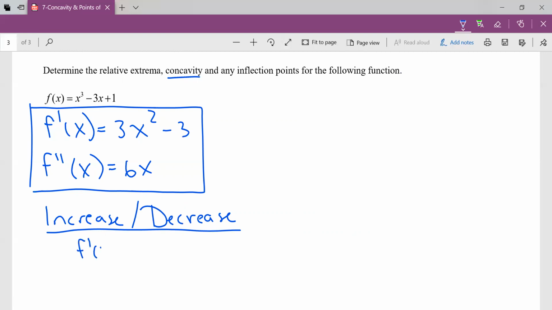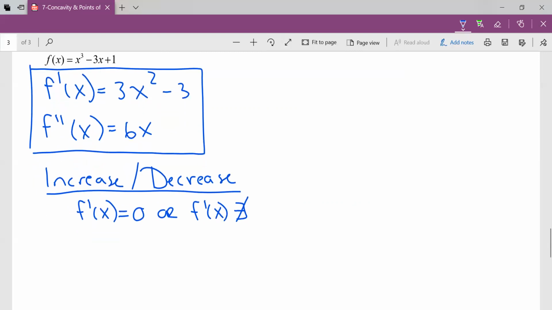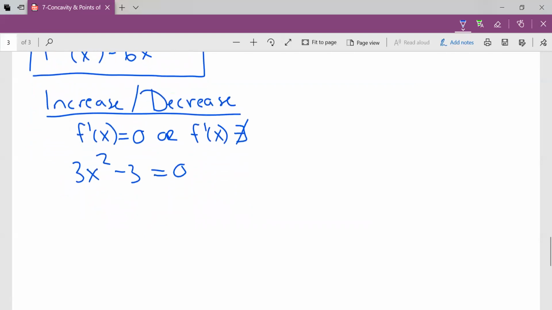Remember, it's when the first derivative is equal to 0 or when the first derivative does not exist. Our first derivative is a polynomial, so it always exists, nothing to worry about there. So we set this equal to 0 and start solving. We get x squared, add 3, divide by 3 is 1, square root that. Remember, I get a positive and a negative 1. So there are my critical numbers.